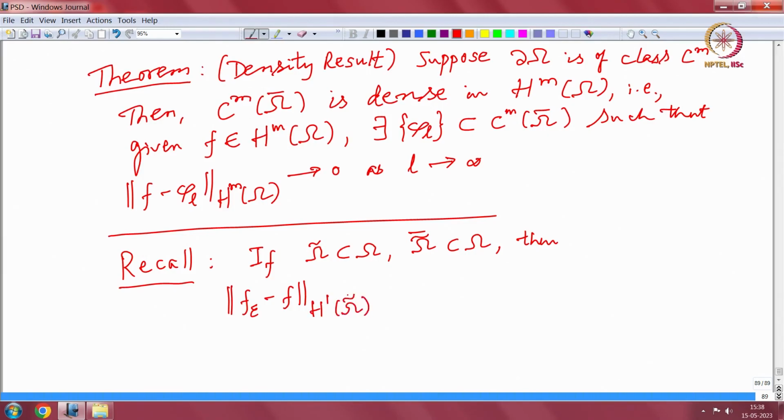So if you restrict to any compact subset of omega, this tends to 0. Now we want to replace this omega tilde by omega. These are mollifiers of f, and we know they are in C infinity, so in particular CM, mollifiers of f. So this is in H1 0 omega, HM omega.